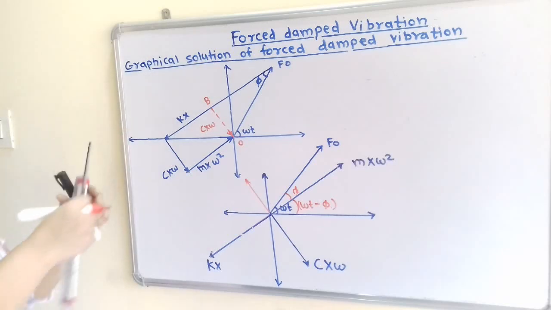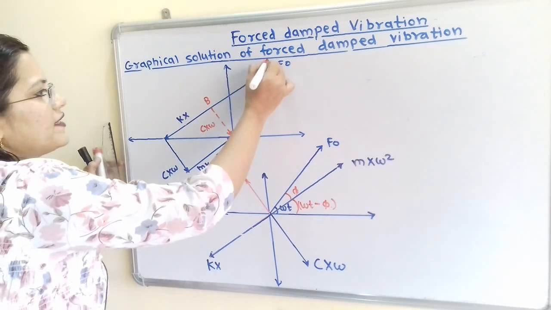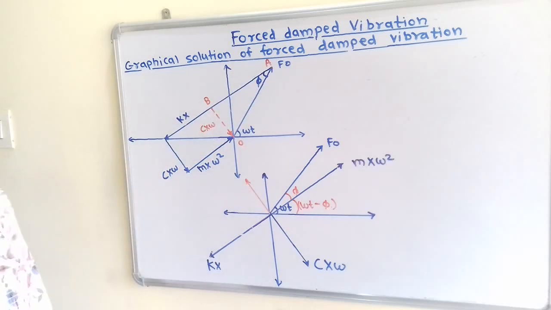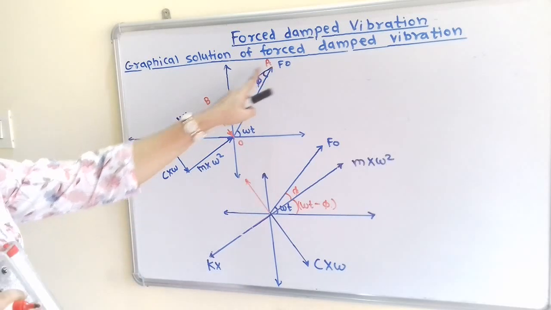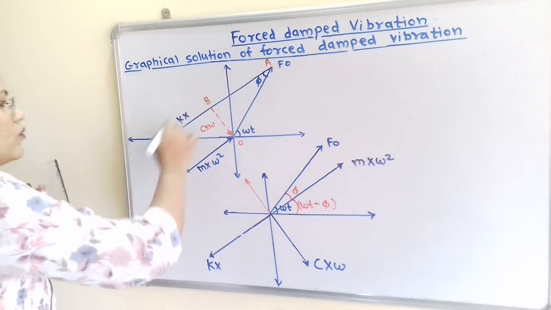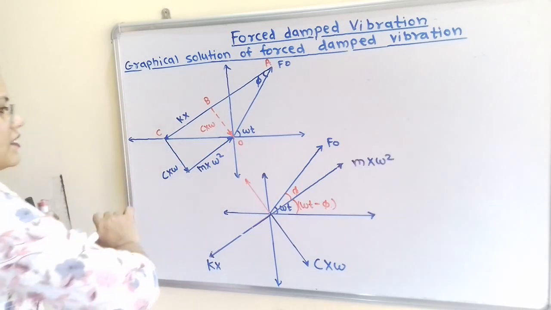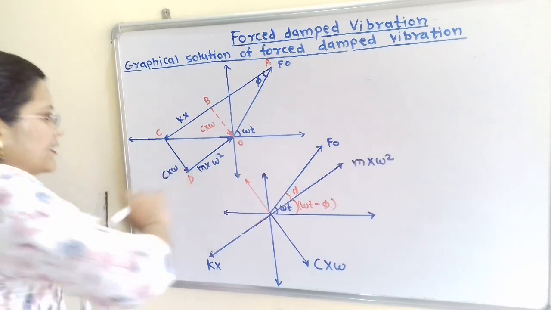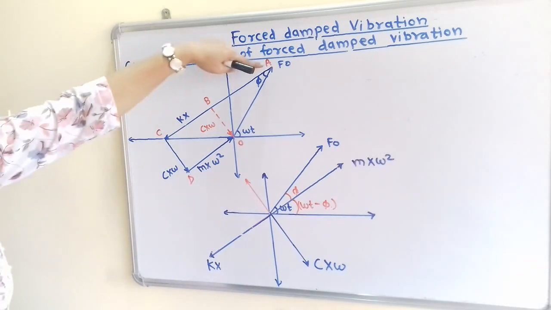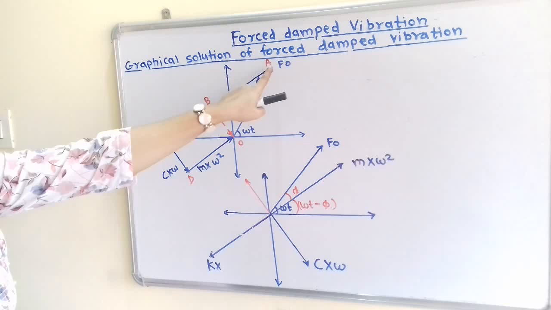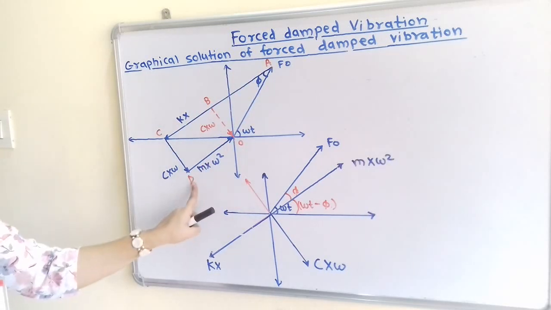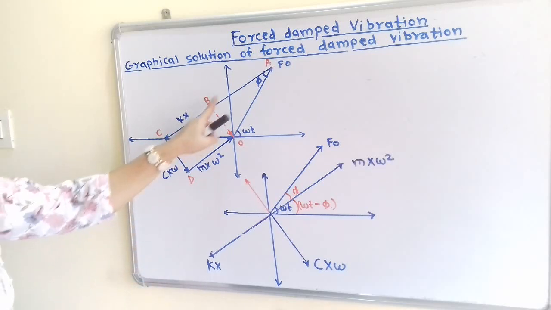Now how to find out? So if I mark here the point A, then how to find out the value in between A to B? So if we observe this whole vector Kx, I will give here a letter C, and if I give here a letter D, then how to find out this AB? So the total vector AC minus this vector OD, then we will get here AB.